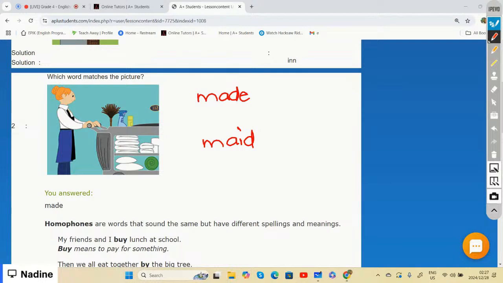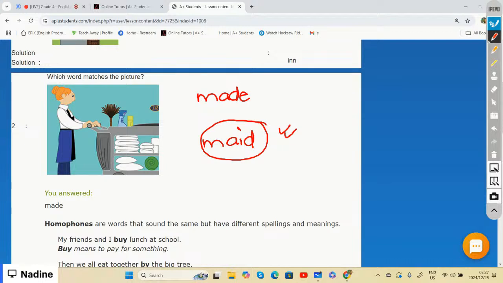All right, then if we were to identify or match the word with the picture, then yes, maid is correct. Maid, person who cleans, whether you're cleaning houses, cleaning hotels, motels, but a person who cleans.